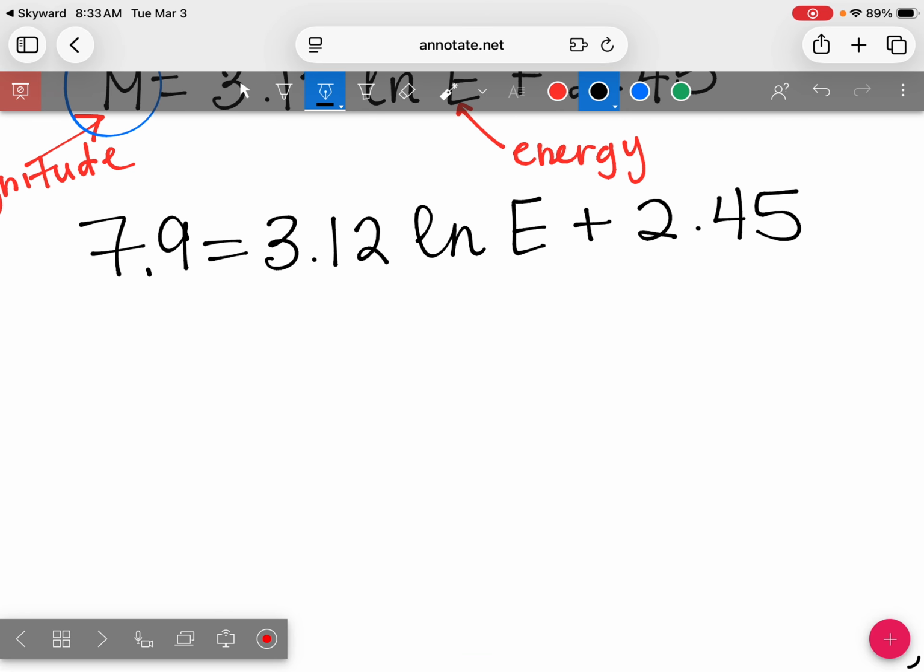And we're just going to solve this like we would any equation. So I'm trying to solve it for E. This is what I'm trying to find. So, anybody want to take a guess? What am I going to do first? Yep, subtract the 2.45. Let's do that, y'all. Pick up your calculators.